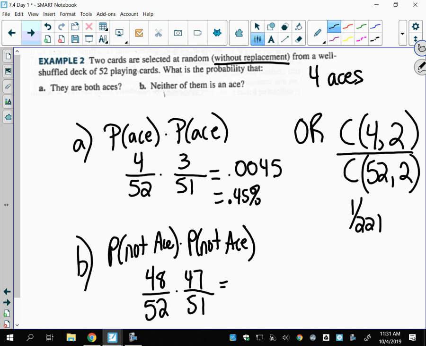When I multiplied that together, I got 0.851. And again, I rounded because it kind of went on forever. But do you agree with that?